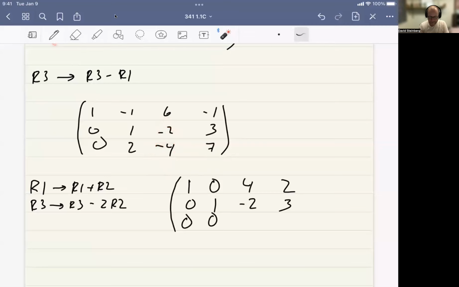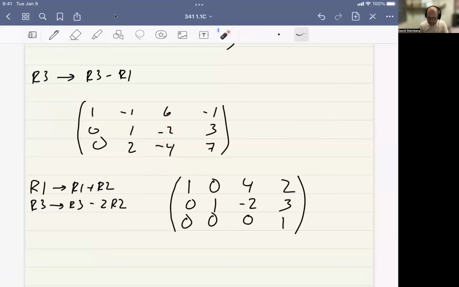I gotta write this out for a second, otherwise I'll make a mistake. We've got -4 minus 2 times -2, so this is +4. Okay, so it's equal to 0. I can't do everything in my head, folks. And next we've got 7 minus 2 times 3, which is 7 minus 6, so that's 1.